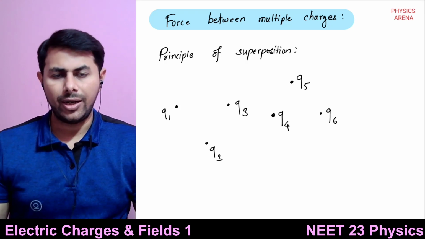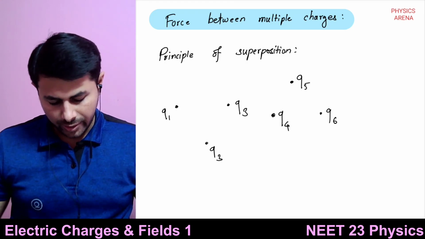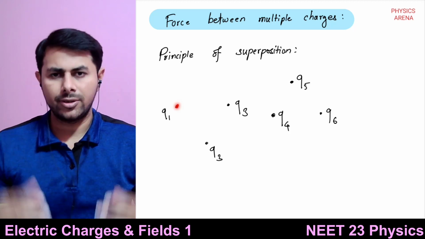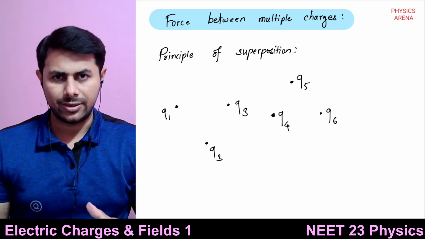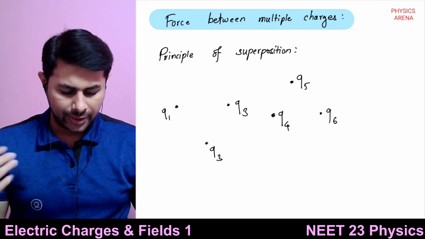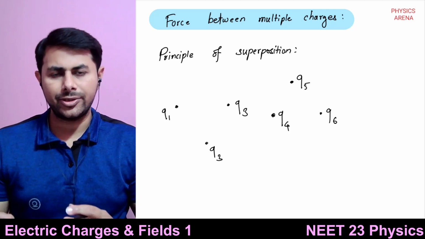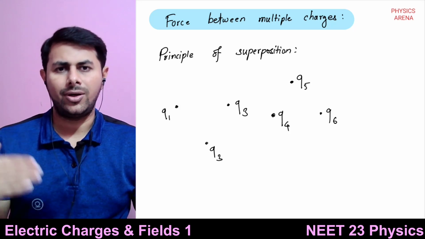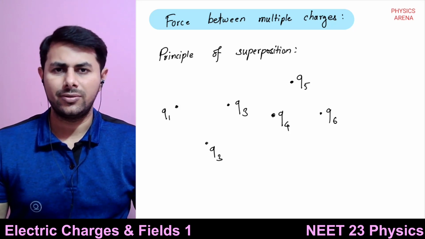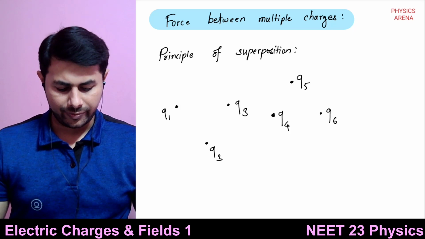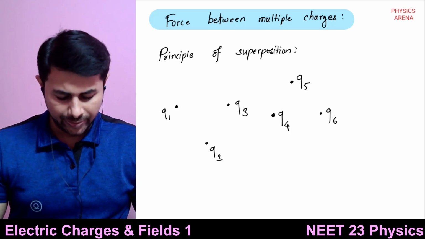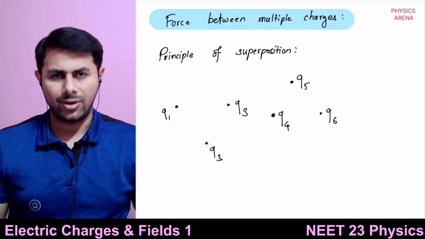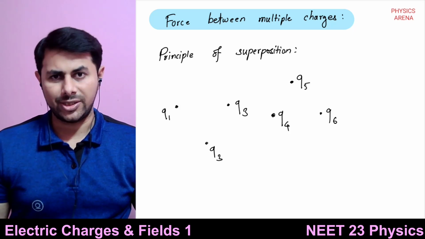Suppose we want to find the force acting on the first charge. The net force on the first charge is the vector sum of all the forces acting on it.